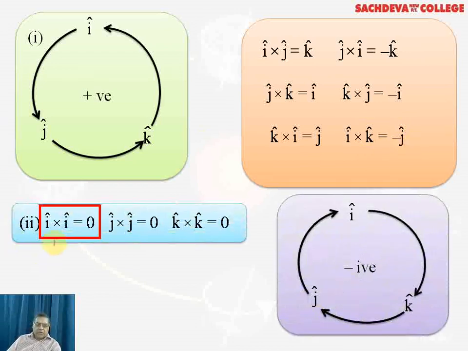Now, the cross product of a unit vector with itself will be 0, similarly for J, similarly for K.